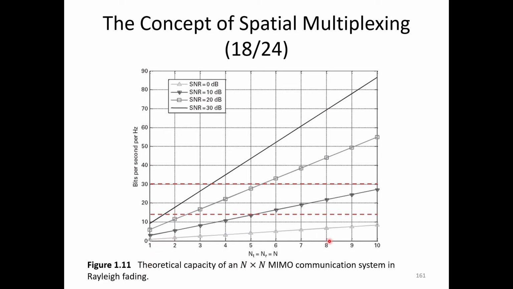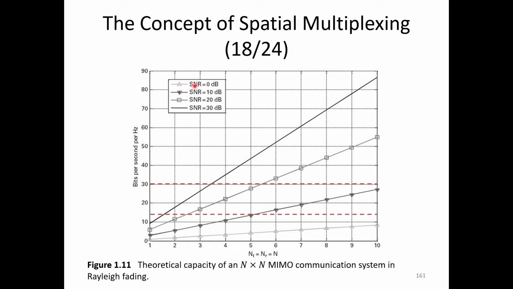The x-axis is N_T equals N_R equals N, from 1 to 10. The y-axis is the theoretical capacity in bits per second per hertz, from 0 to 90. There are 4 curves in this figure.